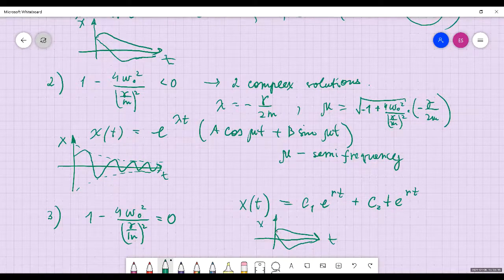Okay, well, what else do we need to know? Well, maybe I'll talk a little bit about semi-frequency, how it's related to omega. You see that the frequency you have over here is a little bit related to omega.